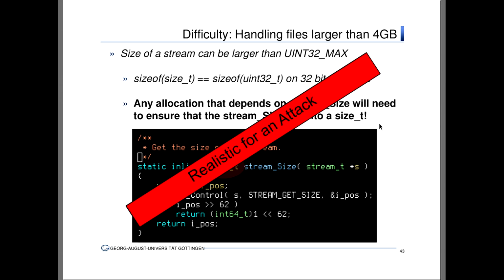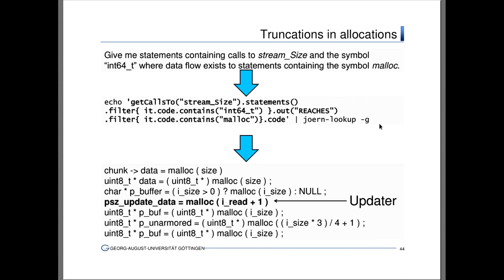And it's realistic for an attack because if somebody downloads a movie off a file sharing application and the caption is right, then people won't be thinking, oh, this is 4 gigabytes, I'm not going to start this, right? So it's 4 gigabytes because it's a movie.